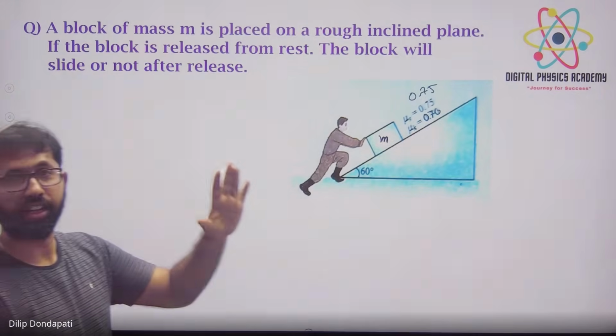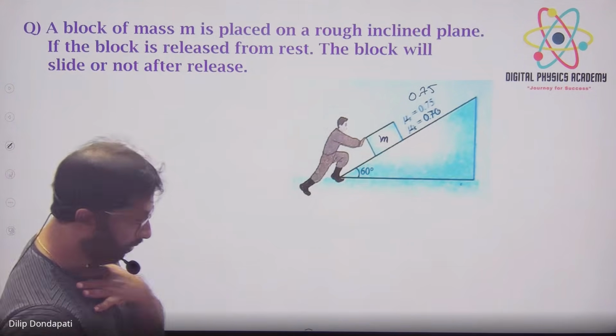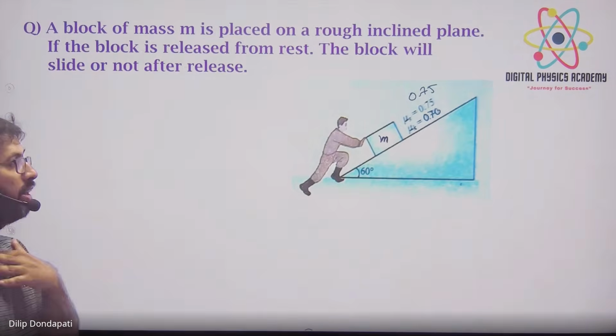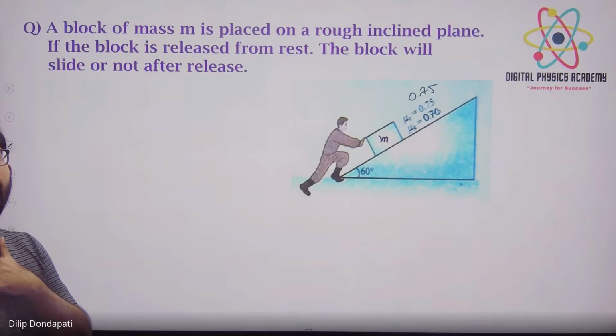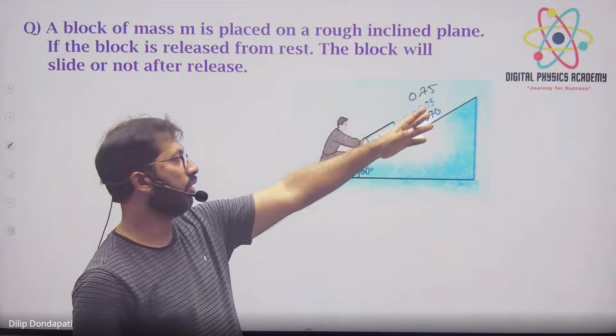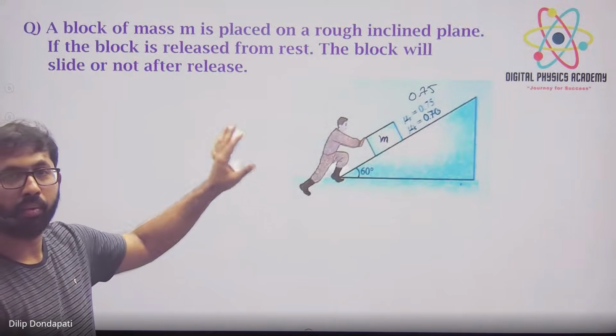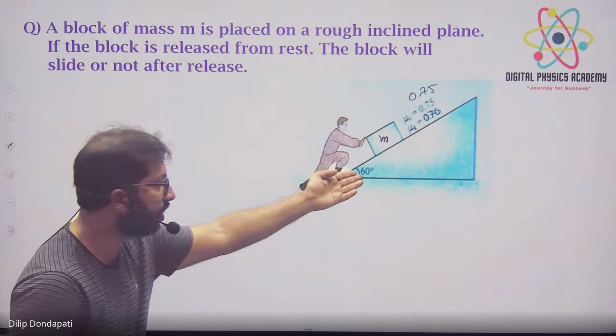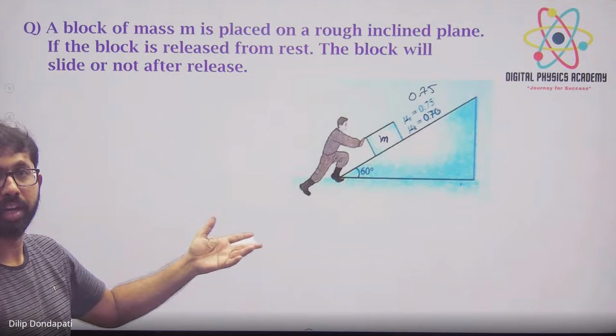It is just asking slide or not slide. That's it, simple. So what is the deciding factor here? Limiting friction on an inclined plane would take a lot of time. Angle of repose is the deciding factor. So find the angle of repose and check this 60 degrees that is given. So slide or not slide?